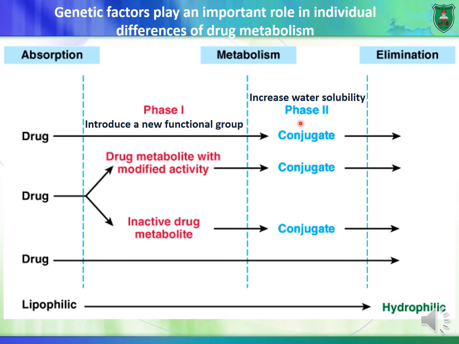In phase 2, you have conjugation of these chemicals with other groups like acetyl groups, glucuronic acids, and so on, making the molecule even more hydrophilic so that it becomes more soluble and easily excreted.